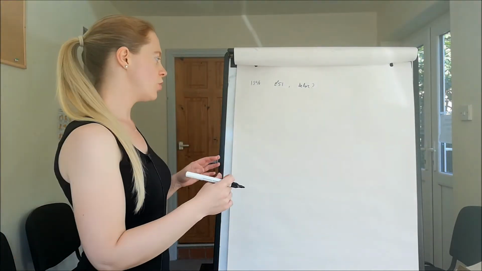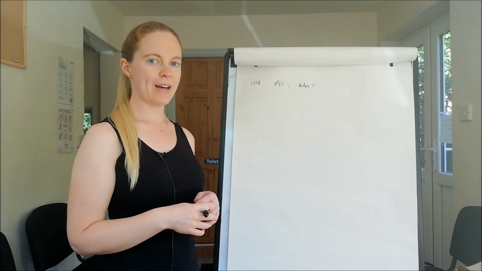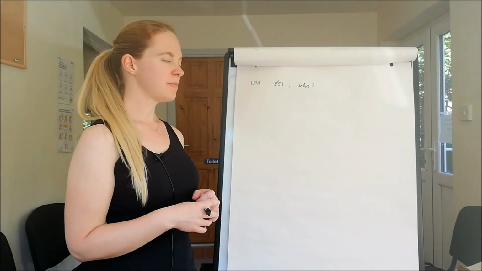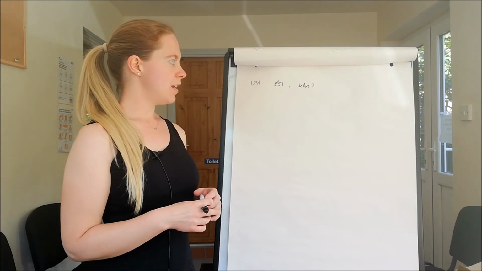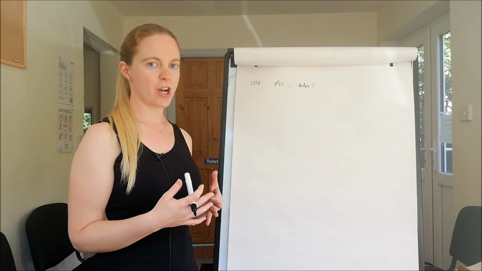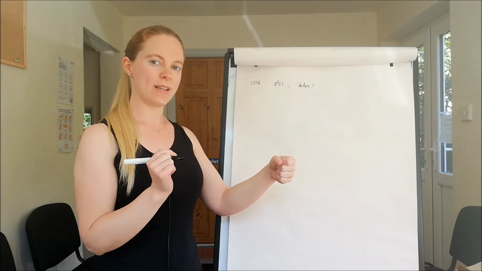And then put method 1, non-calc. Now you could spot in an exam that this was a reverse percentage scenario because you're being told something is this now. What was it before?